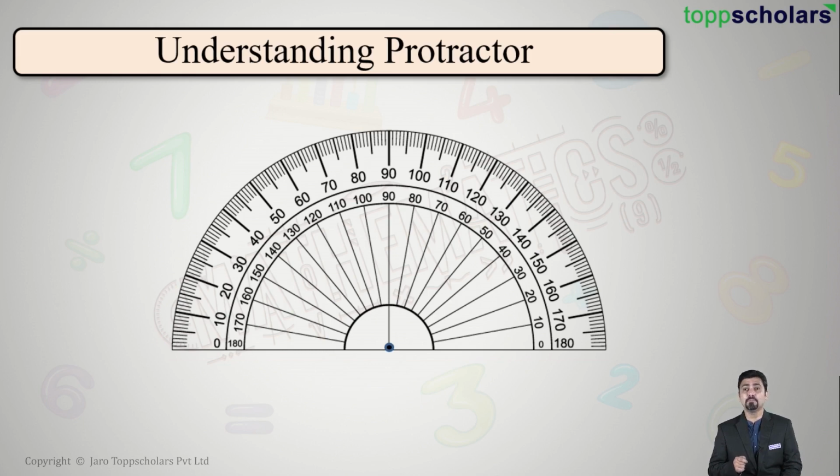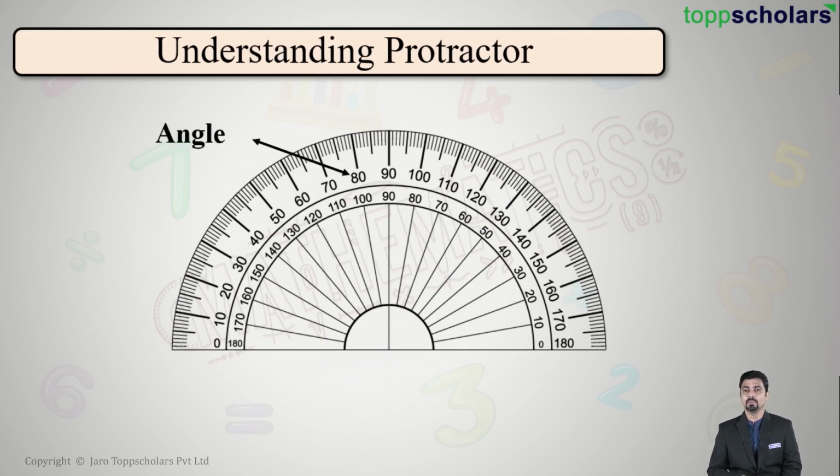This particular point is called the center of the protractor. Again, the center of the protractor is extremely important. We will be coinciding or placing this center on the vertex of every angle to be measured.